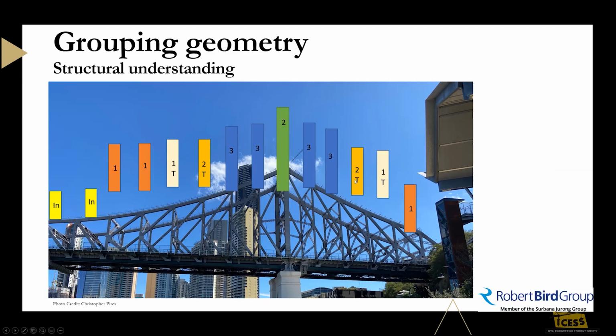And then if I go to this T2 group, it's got two triangles and then a truss on the bottom. And if I go to the 1T, it's got one triangle with one truss. Why I've broken it up into different groups is because I'm going to have to create different structural scripts for each one of those cases.